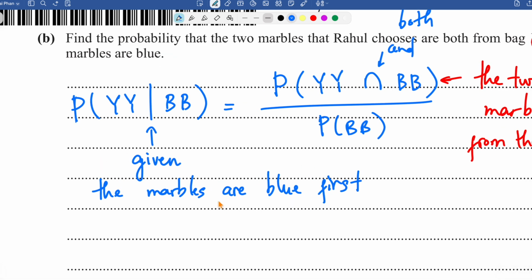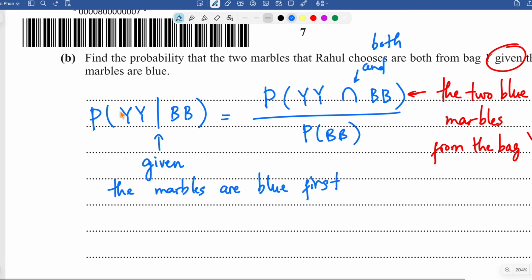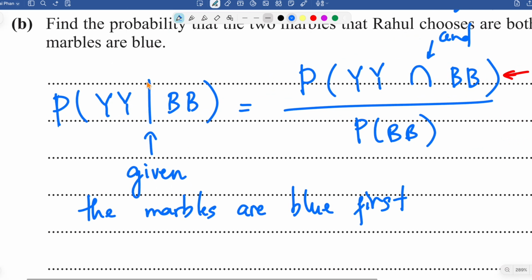This is the first condition occurring before we consider the second condition, that they are from bag Y. Behind the vertical bar, BB means they are both blue.